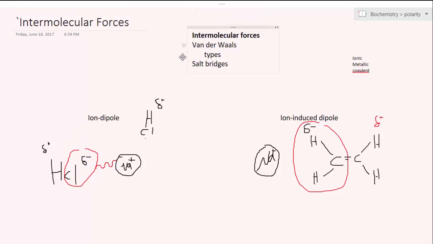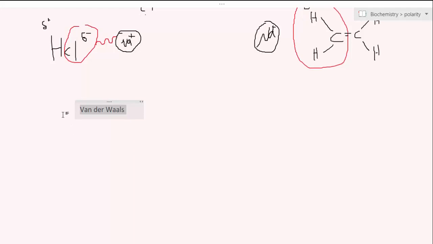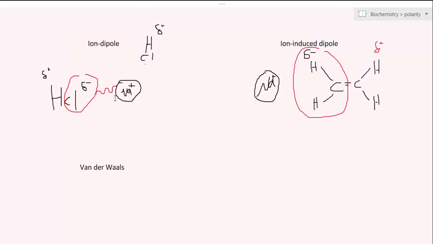Now let's get to van der Waals interactions, which are interesting here because they have types. Van der Waals are a group of interactions. They are not only one type of interaction. It happens between electrically neutral molecules. If you notice here, the ion is not electrically neutral.